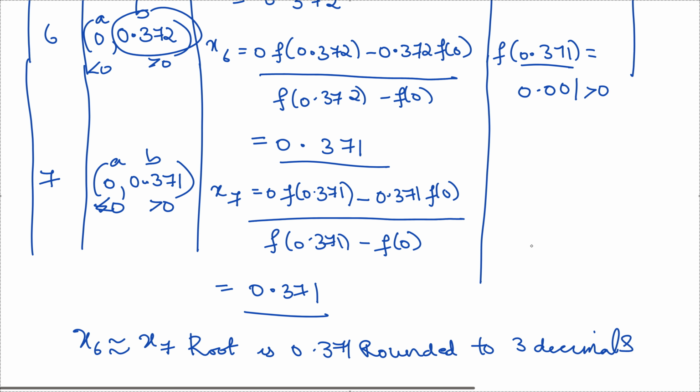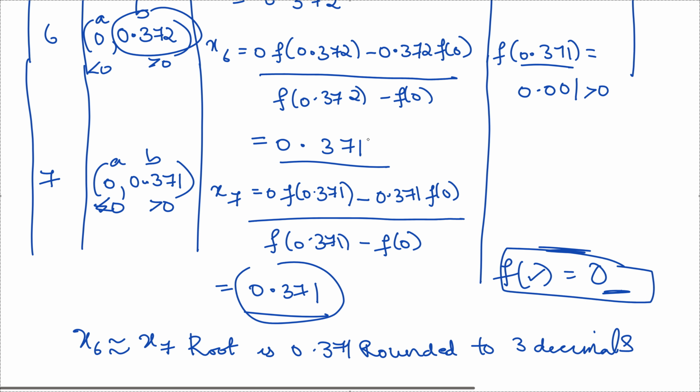Also, if f of whatever x we have is becoming approximately 0, then we can say that that particular x is our root. Or if we see that the values are repeating, then also we can say that this is our root.